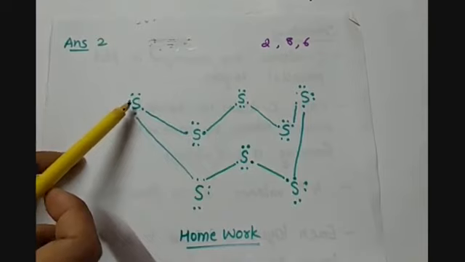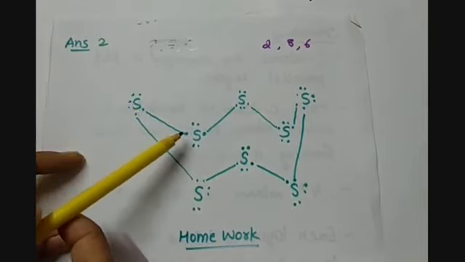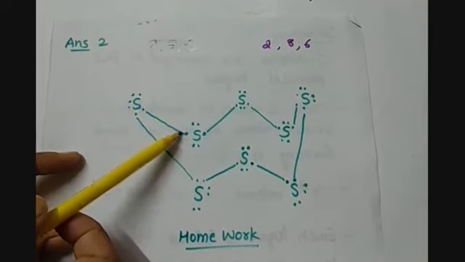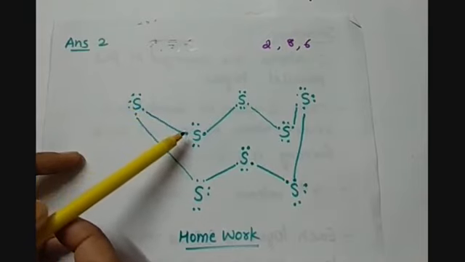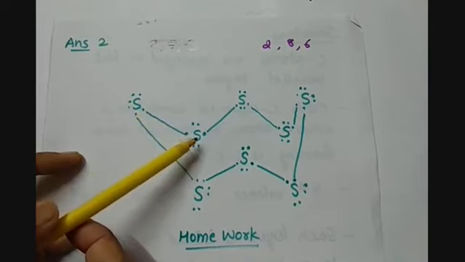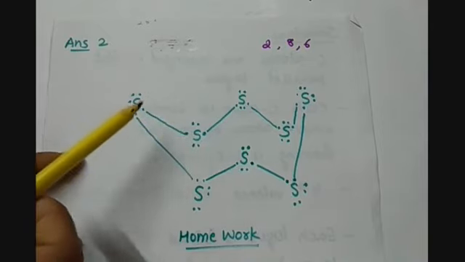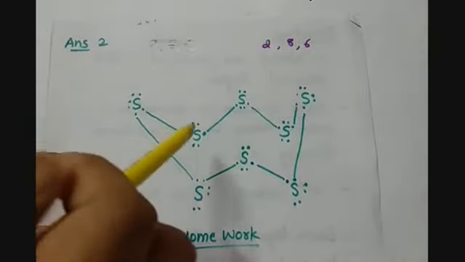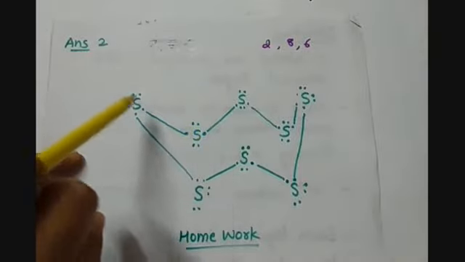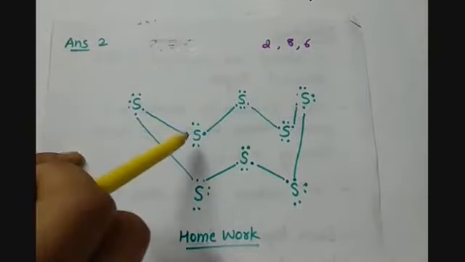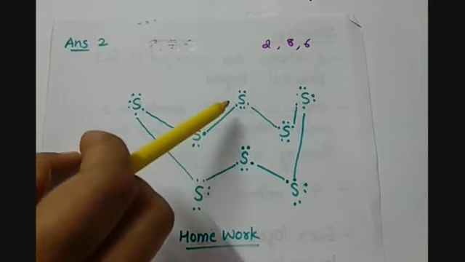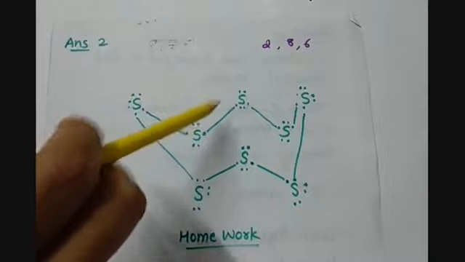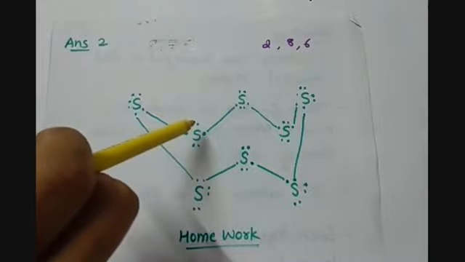electron of this sulfur atom is shared by the adjacent sulfur atom's electron. So it is forming one covalent bond with this sulfur atom, and another covalent bond with another sulfur atom, so that now the octet of this sulfur atom is also complete, and this sulfur is further connecting with the next sulfur by forming one covalent bond, and this way it is also completing its octet.